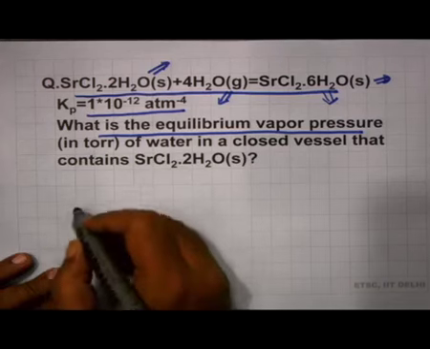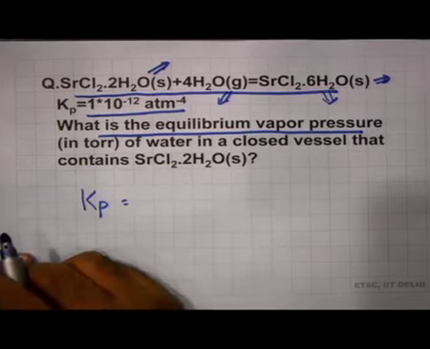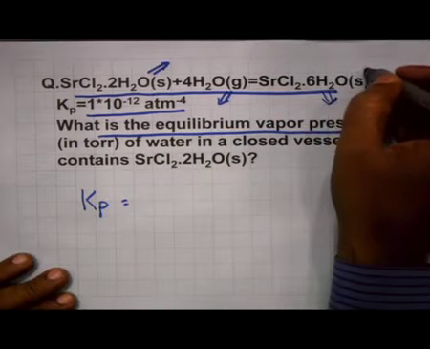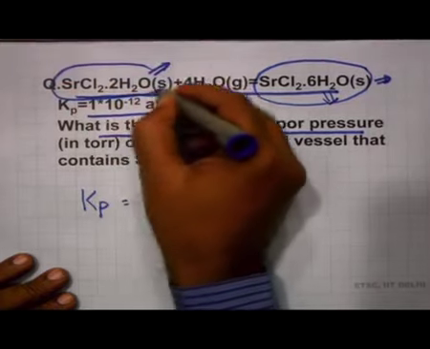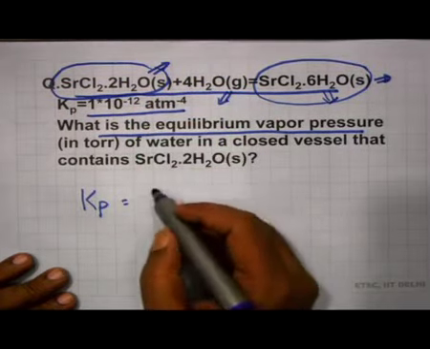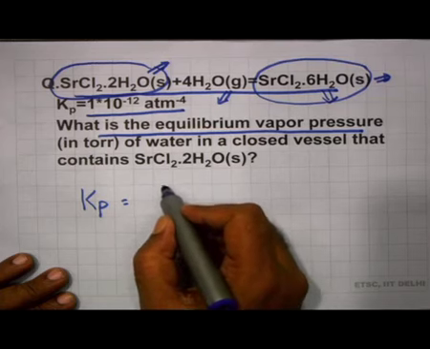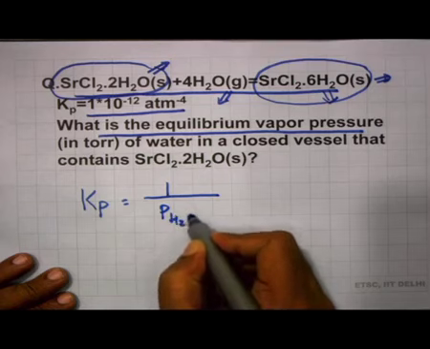Okay. So, in that case you can simply start with Kp, and you see these 2 are solid phases, so you can simply ignore them, and we can write Kp is equal to P(H2O).